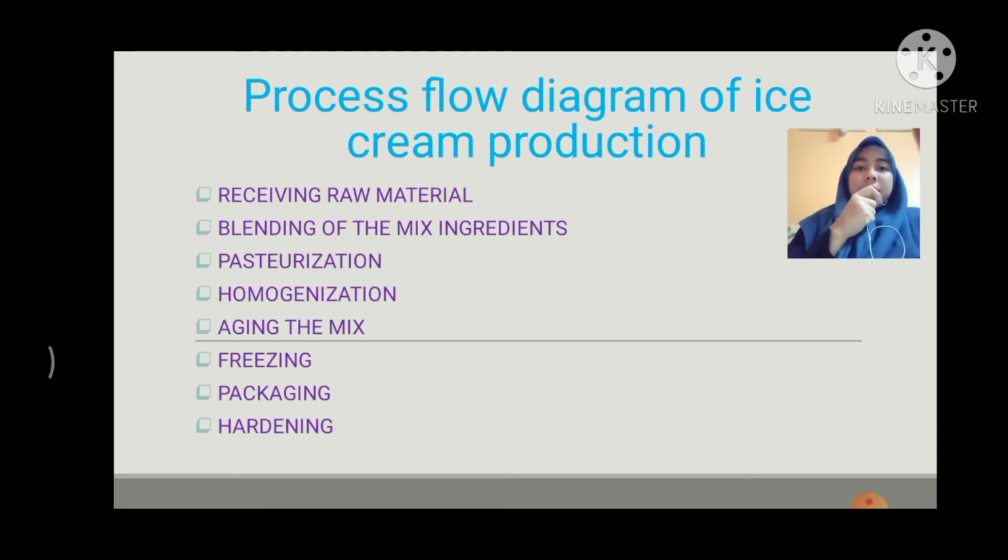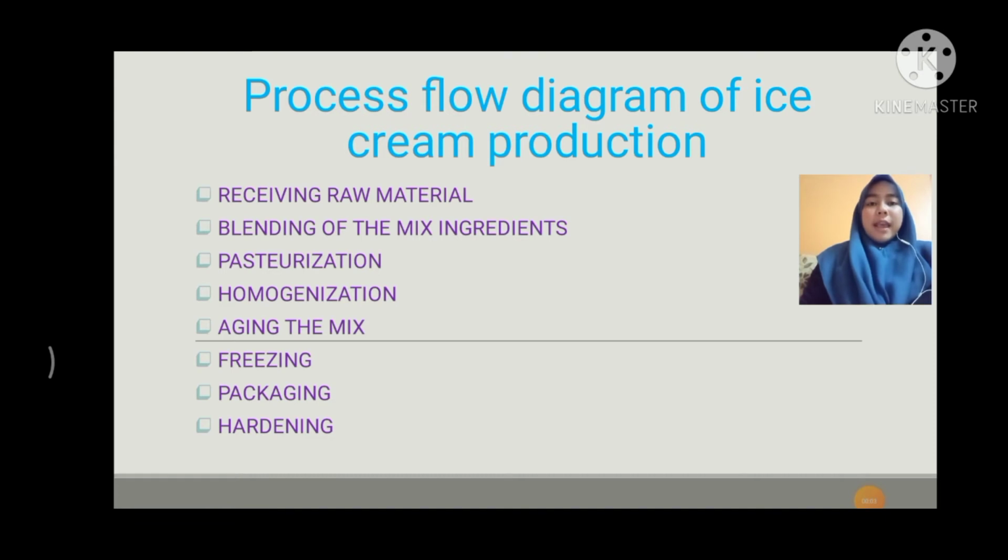Then the next step is homogenization. In this stage, the mixed ingredients need to be homogenized to form the fat emulsion by breaking down or reducing the size of the fat globules found in milk or cream to less than 1 micrometer.